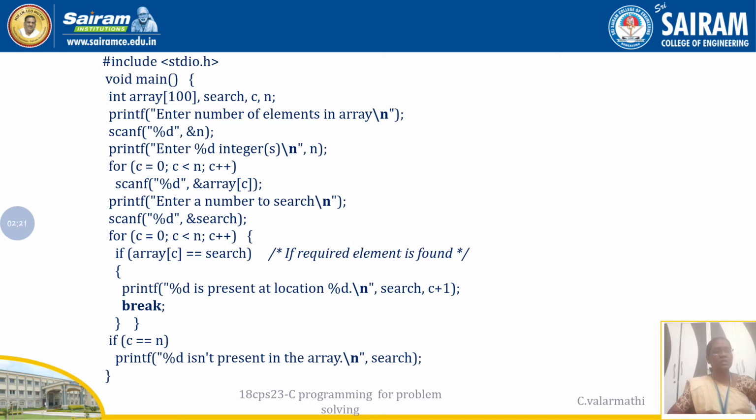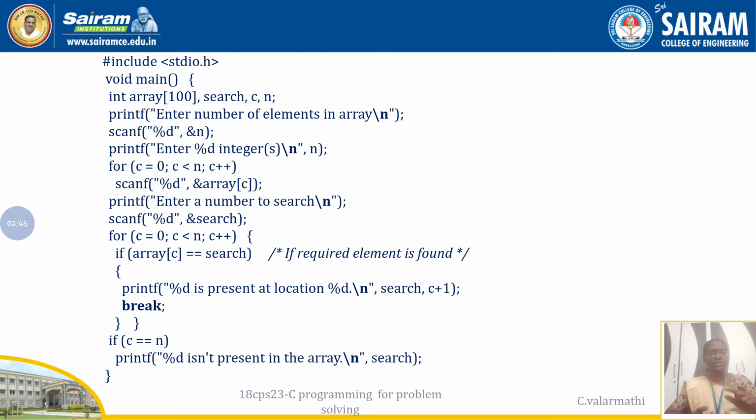If my length of array is equal to 10, it should start saving the elements from the 0th location to the 9th location. So for that I have used for c equal to 0, c less than n, c plus plus. Using that for loop I am getting the elements that are stored in the corresponding array, that is array of c.